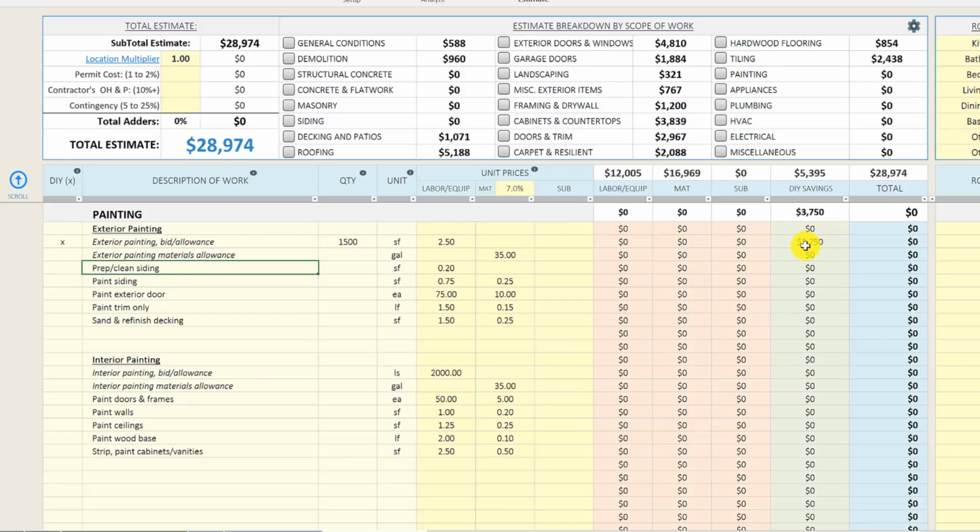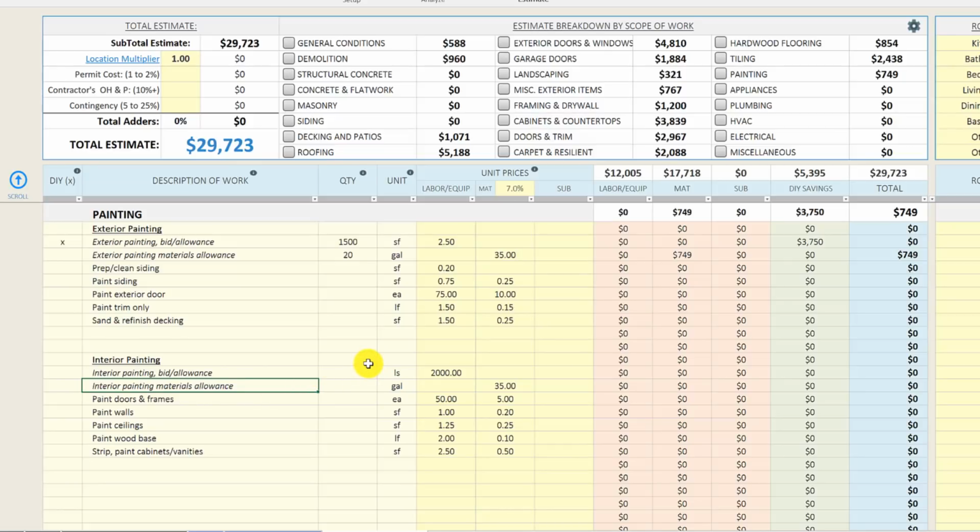We saved about $3,700 there, but we still need to buy the painting materials. To paint the entire exterior of the property, I think we've got about 20 gallons of paint. So 20 times 35 bucks a gallon is 700 bucks in materials. So we still have $700 in materials that we need to buy. I'll do the same thing with interior painting.